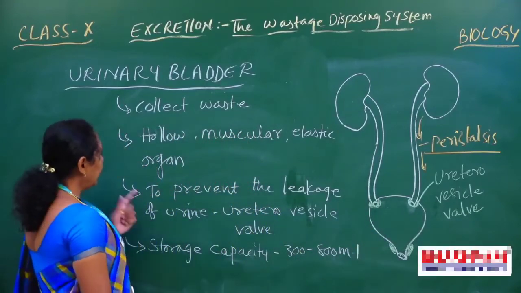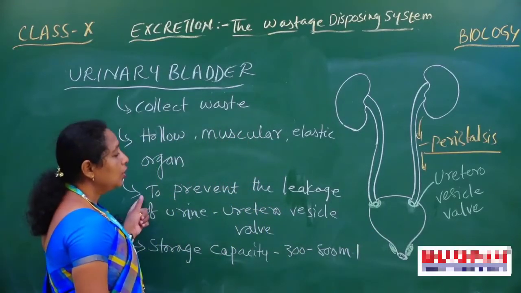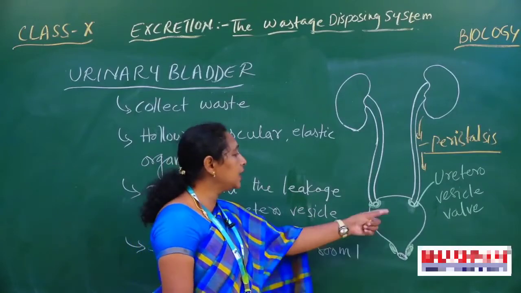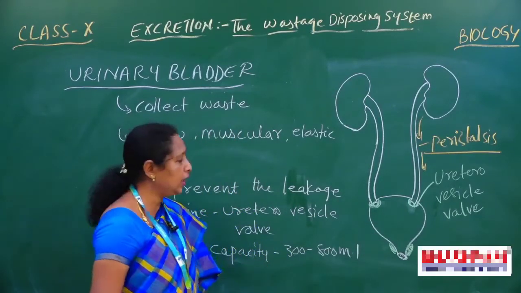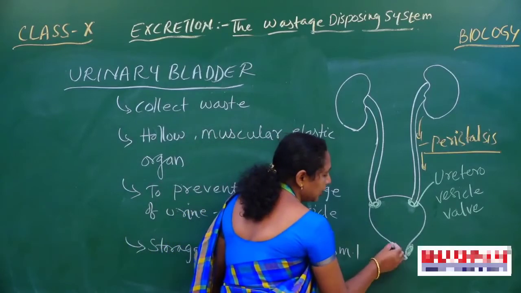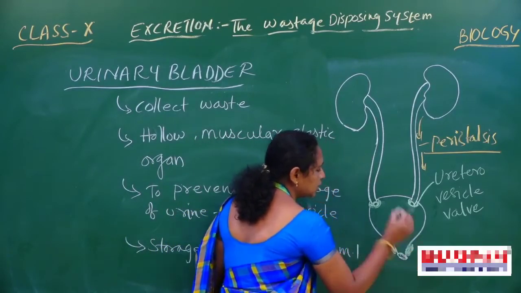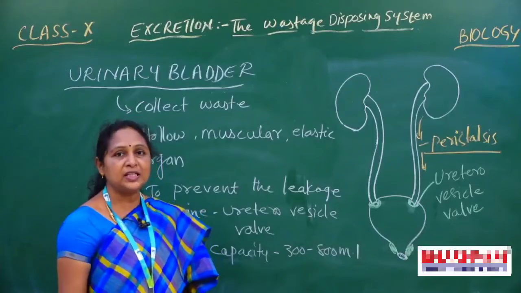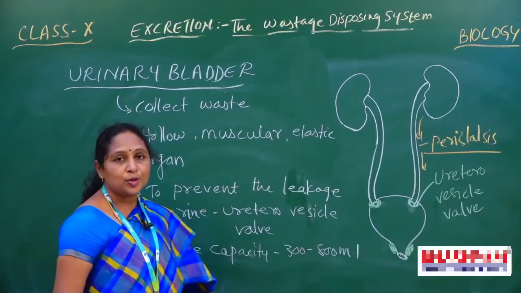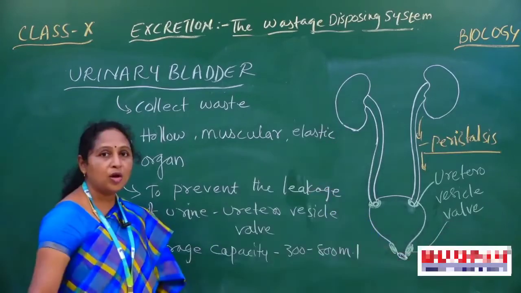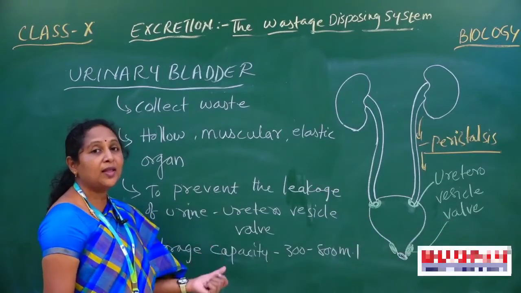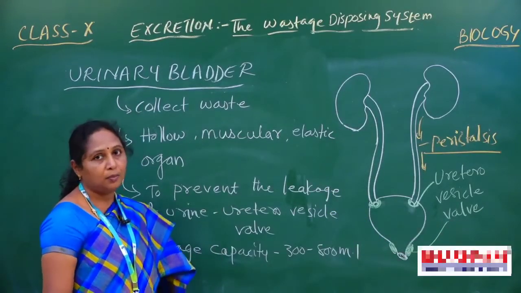To prevent leakage of urine from the body, the end of the urinary bladder is also studded with sphincters. Both sides, two sphincters are present. These sphincters are also called walls. They help prevent the leakage of urine from the body.